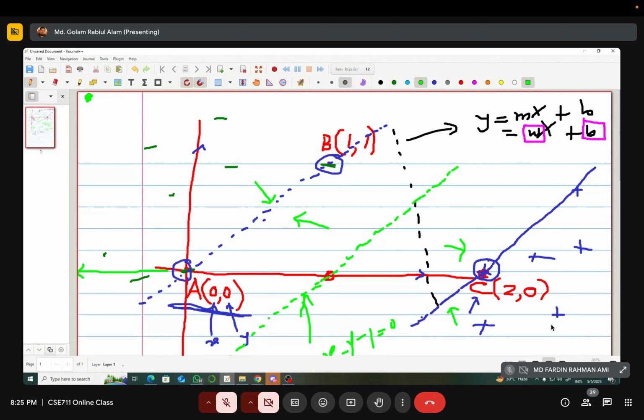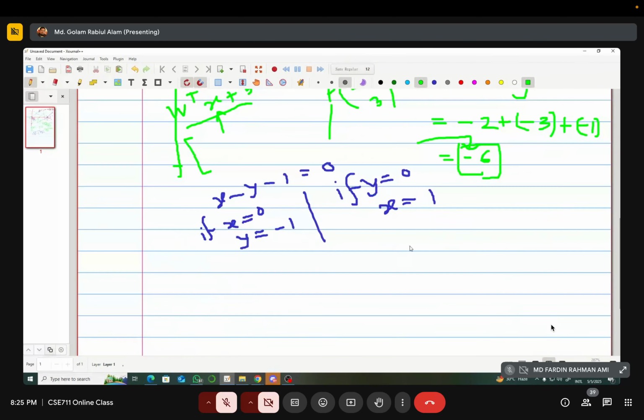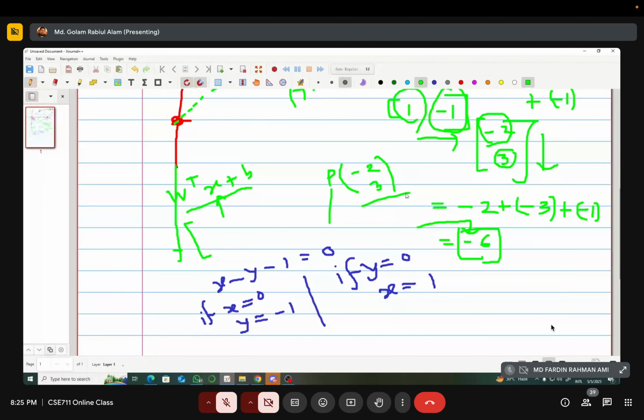Maybe we will get that data point here. So actually, this side is the negative side. And our hyperplane also says that the sign of this value is negative.